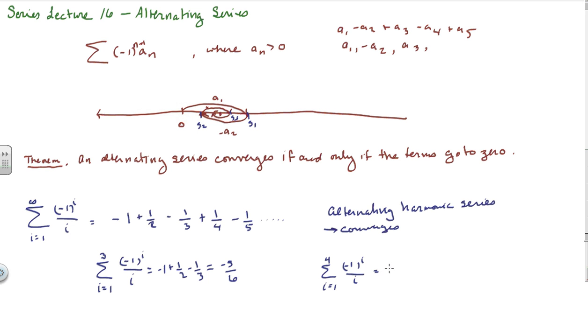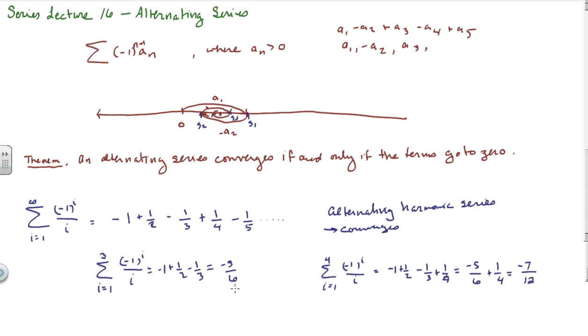And the other one is -1 plus 1/2 minus a third plus a fourth, which is minus 5/6 plus 1/4, which is minus 10 plus 3 over 12, so that's minus 7/12.